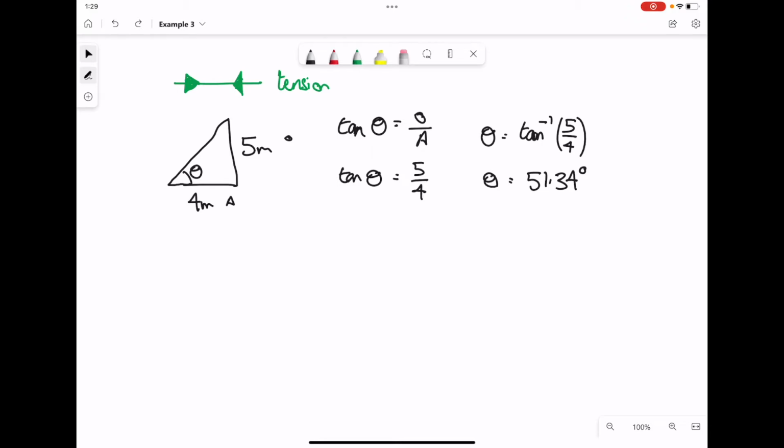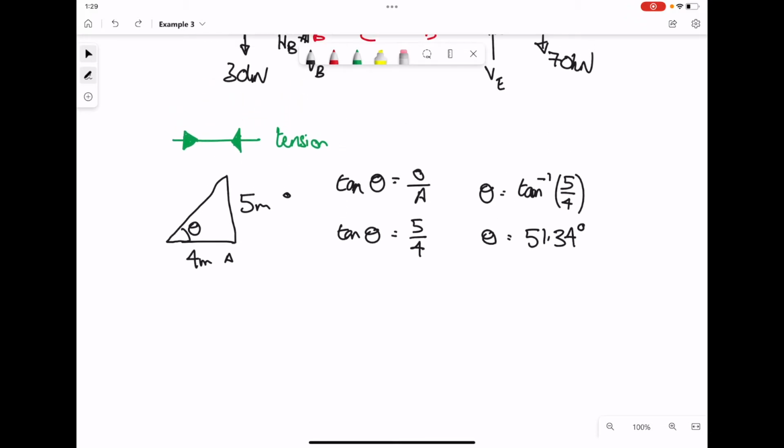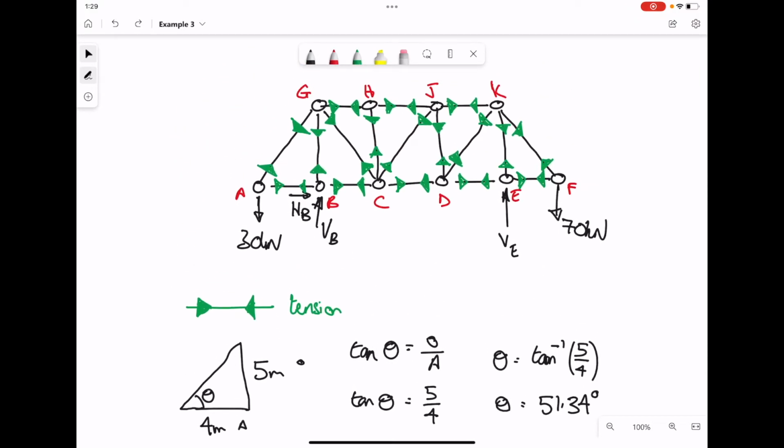Now we're going to look at our first joint. Going back to our free body diagram, we're going to highlight the forces occurring at joint A. I'm going to draw a free body diagram of joint A with our angle.